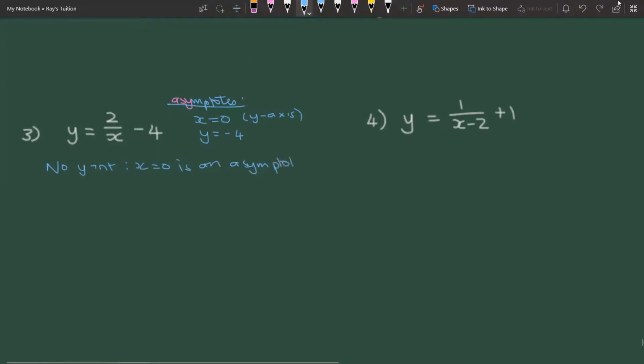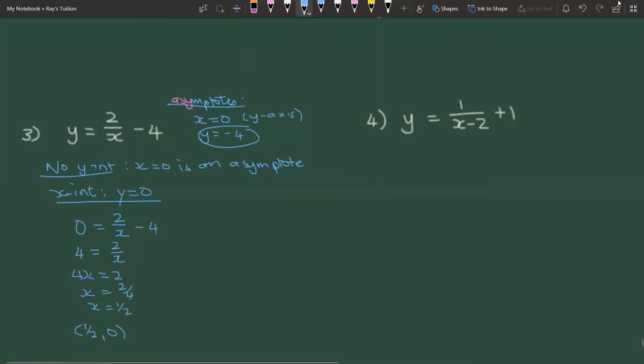We can have an x-intercept though, because we don't have an issue with 0. This asymptote is not 0, so we can have an x-intercept. How do we get our x-intercept? We make y equal 0. Then I'm going to take the 4 over, and it's equal to 2 over x. I'm going to cross multiply. 4x is equal to 2, so x is equal to 2 over 4. So x is equal to 1/2. So our x-intercept is (1/2, 0) with no y-intercept.